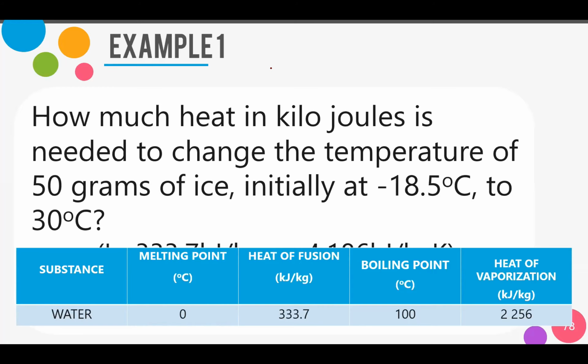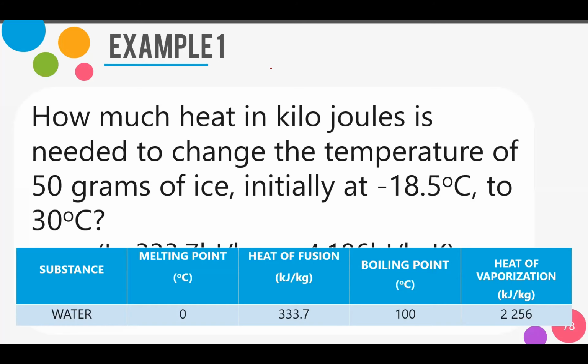kailangan muna natin kunin yung heat absorbed ng ice from its initial temperature, which is negative 18.5 degrees Celsius, up to the melting point, which is 0 degrees Celsius. So that is the first heat.